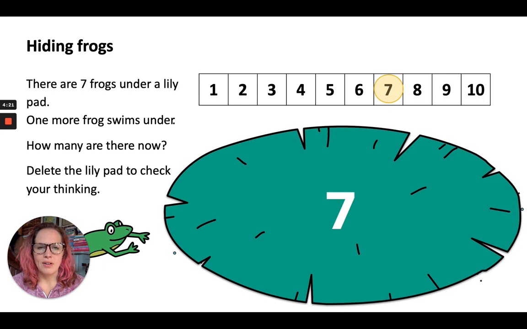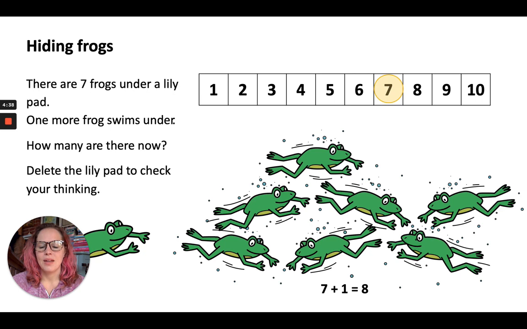There are 7 frogs under a lily pad. 1 more frog swims under. How many frogs are there now? So if we have 7, 7 plus 1 equals 8.